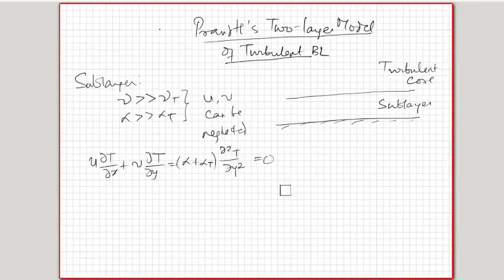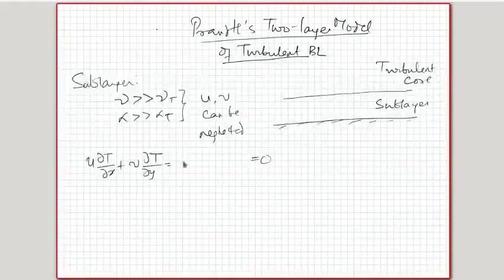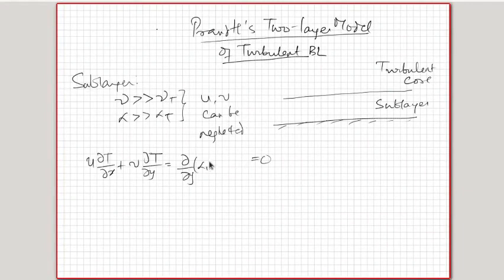Let me write this as del by del y of alpha plus alpha t times del T by del y equal to 0.